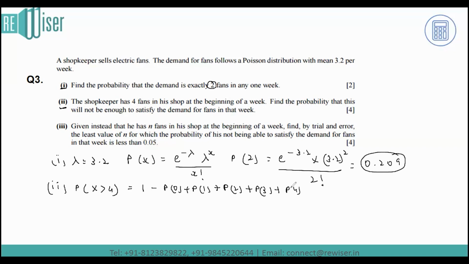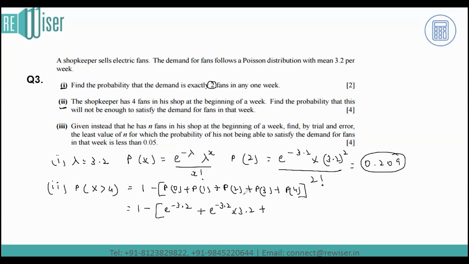So using the formula from the first part of the question, we can put the values over here. So that is 1 minus, if I'm putting P0 over here, I'll get e to the power minus 3.2, plus if I'm calculating P1, I'll get e to the power minus 3.2 into 3.2.